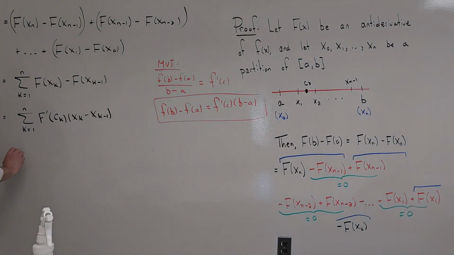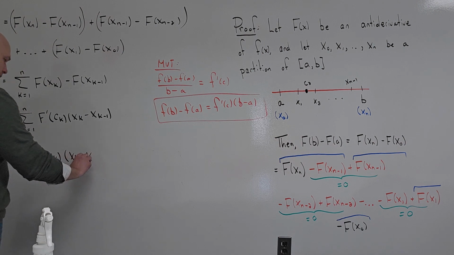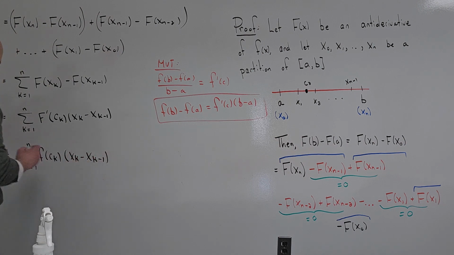Therefore, this is equal to the sum from k equals 1 to n of f of ck, because f prime and f are the same function, so the inputs match, right? If f prime of ck would be equal to f of ck because f prime and f are the same function. And then I've got xk minus xk minus 1.